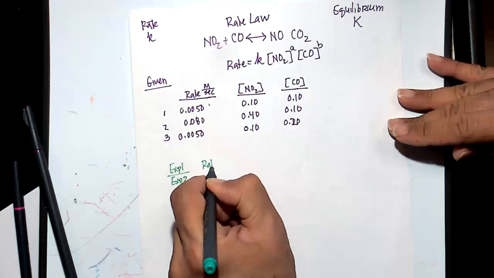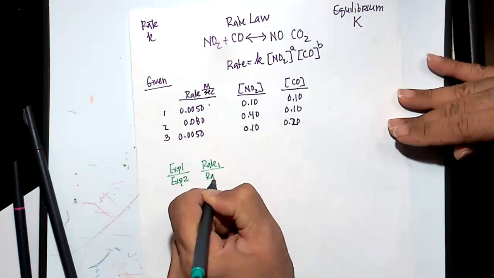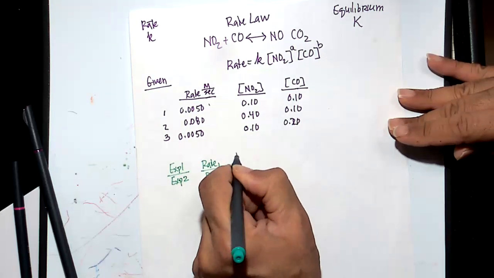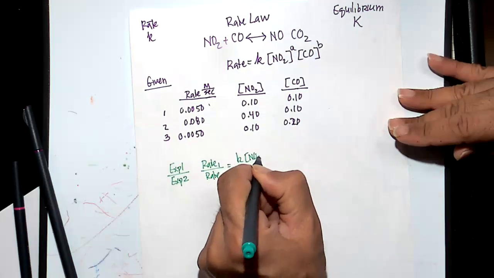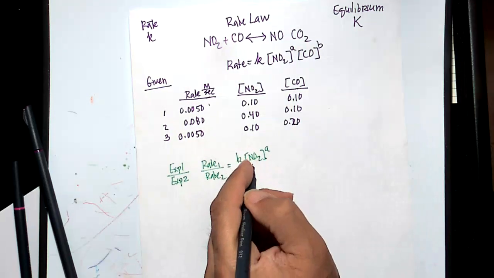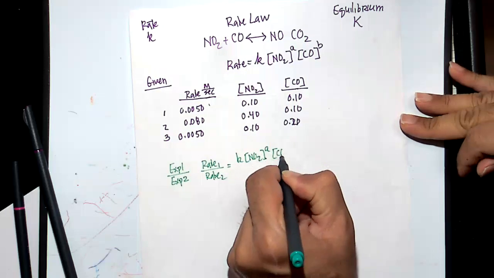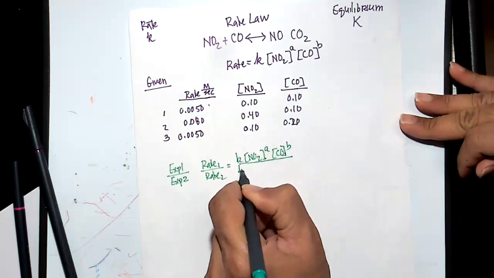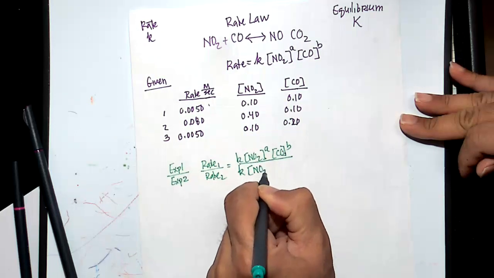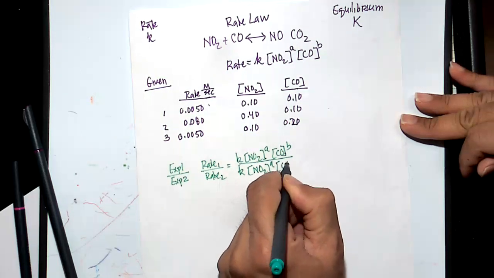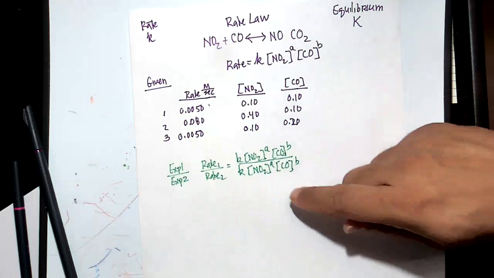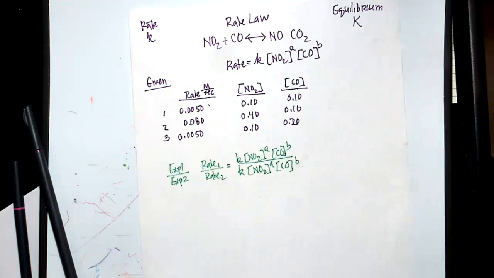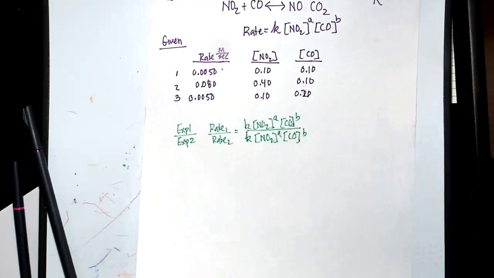So rate 1 over rate 2 equals K times NO2 to the power of A times CO to the power of B, divided by K times NO2 to the power of A times CO to the power of B. So this is rate 2, experiment 2, rate 1, experiment 1.